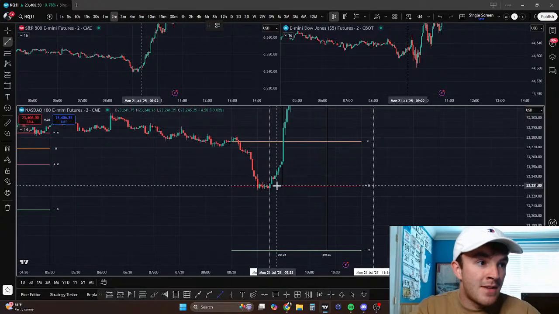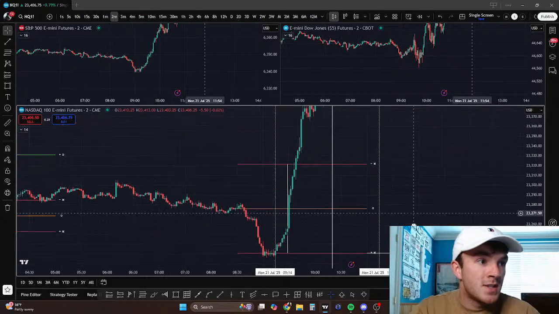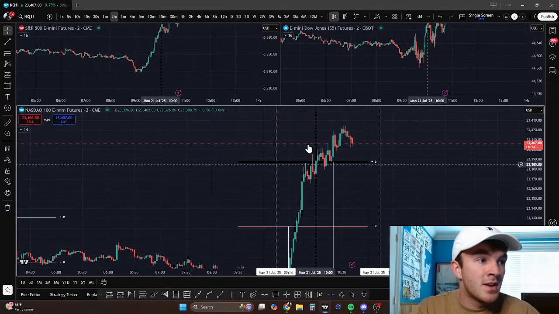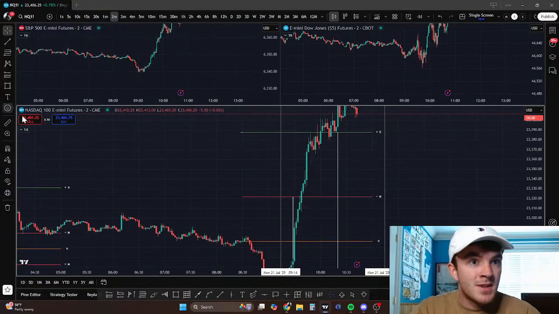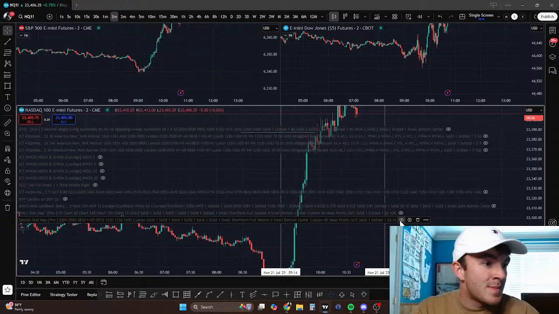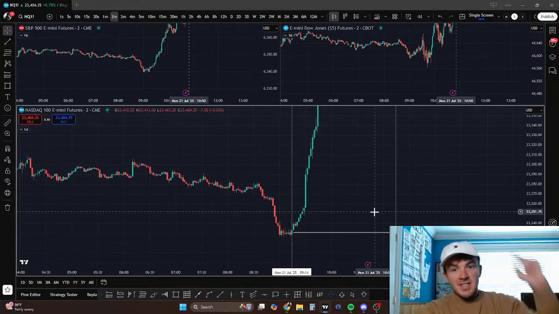Statistically, on average, on a bullish day, we will distribute to this green line. Guys, what happened today? What happened today? Hit those stat map levels exactly, bro.